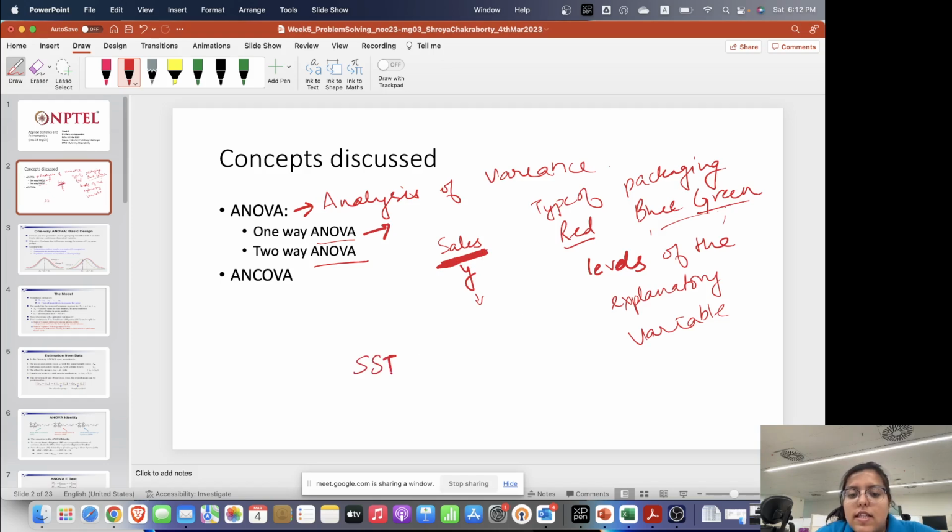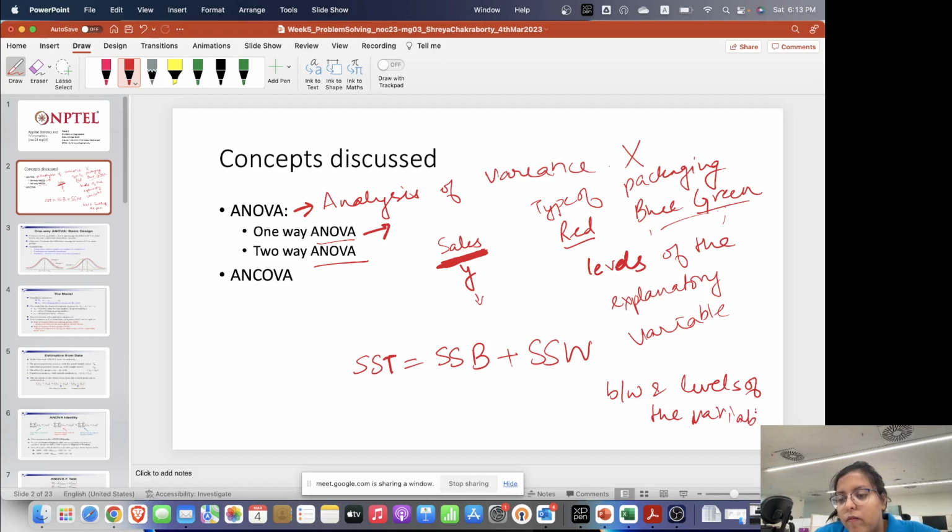So SST will be divided into sum of squares between plus sum of squares within. Between and within what? Between and within levels of the variable x. Now, this is an example of one-way ANOVA.